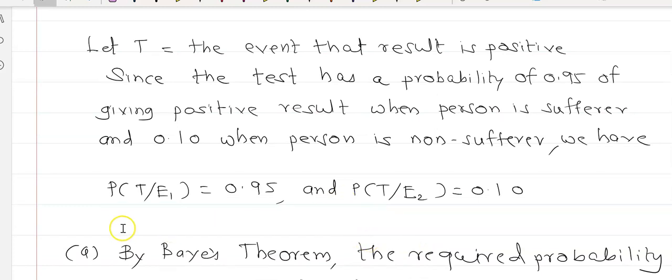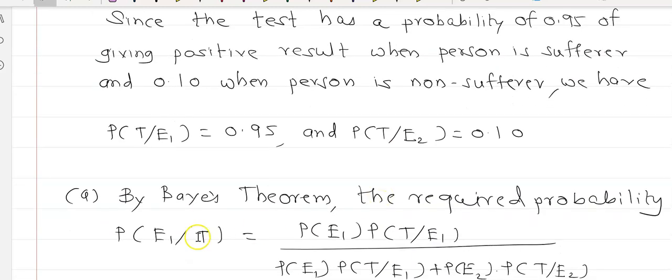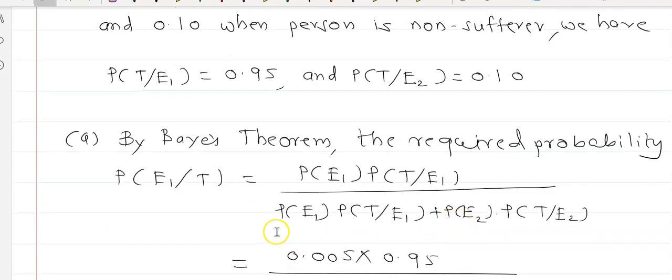Therefore, now we calculate by the Bayes theorem. The required probability, that is the probability of E1 conditional T, is the probability of E1 into the probability of T conditional E1, upon the probability of E1 into the probability of T conditional E1 plus the probability of E2 into the probability of T conditional E2.